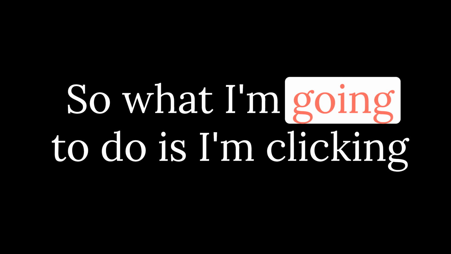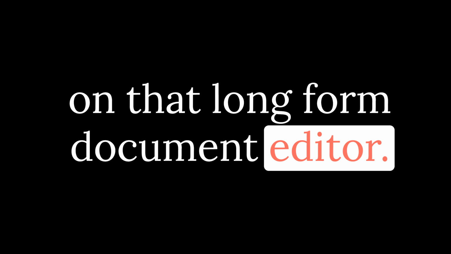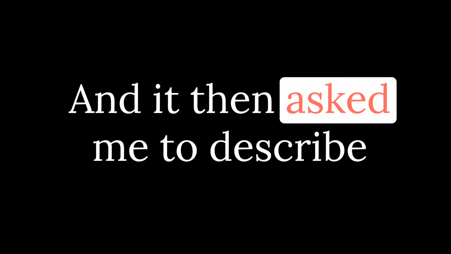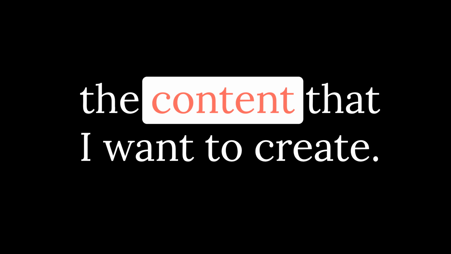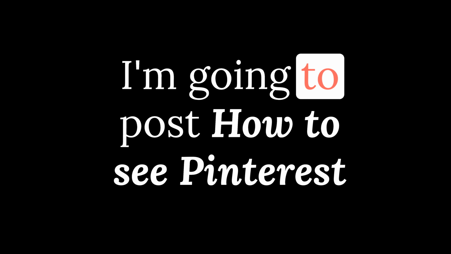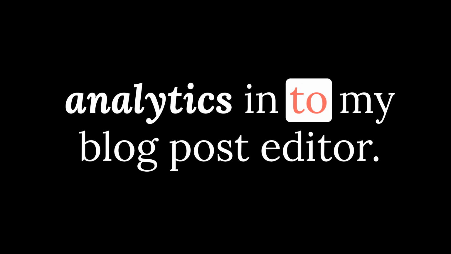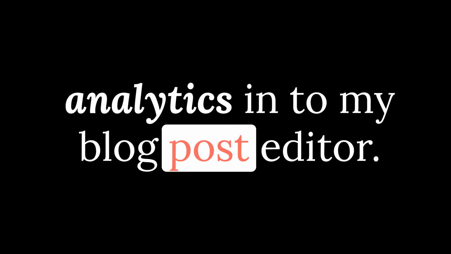So I'm clicking on that long form document editor, and it then asks me to describe the content that I want to create. I'm going to post how to see Pinterest analytics into my blog post editor.